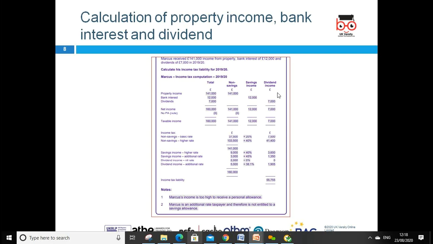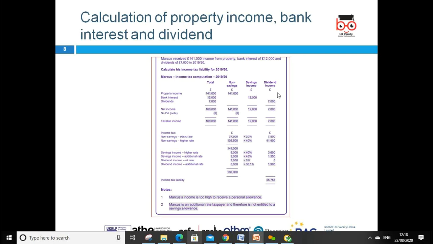Then the additional 3,000 will be 45%, because this falls above 145,000. So that's 141, if you add 9, that makes 150,000, and anything more than 150,000 will be 45%. So we need to look at that and make sure we calculate the tax accordingly.